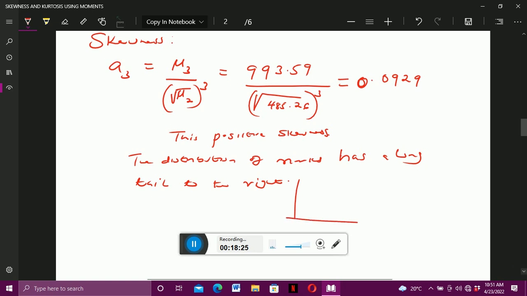What did we say a long tail to the right means? It means the peak is somewhere here. So just like we said in the earlier lesson, that distribution of marks is not very good, although this coefficient is actually close to 0, but it indicates positive skewness, a longer tail to the right.